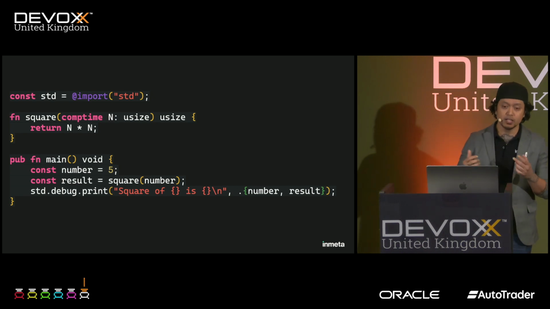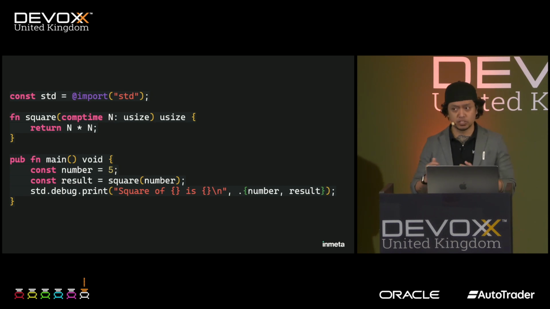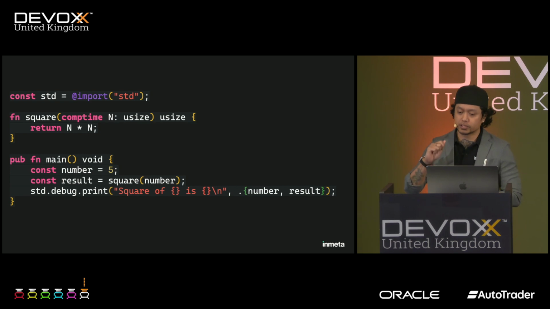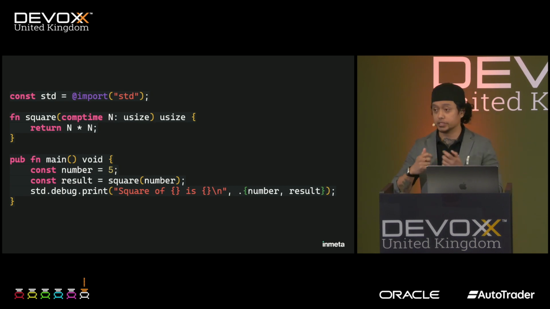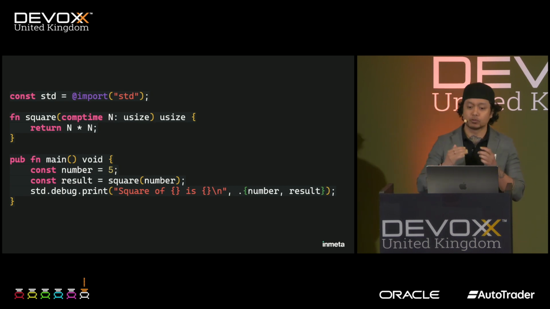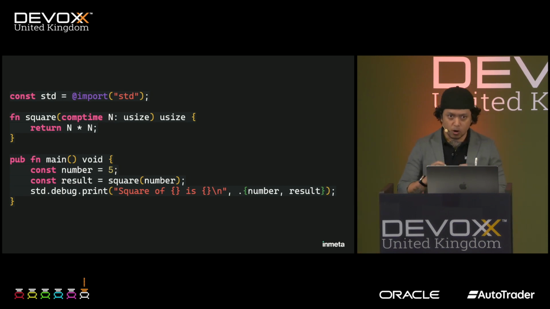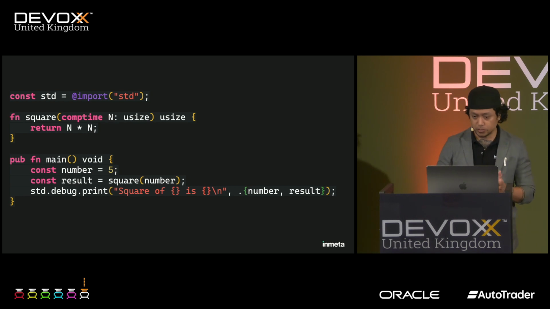With comptime, a feature in Zig, you can tell Zig to calculate the square of a number when the program is compiled, not when it's running. This means your program already knows the result of that function before it even starts. So comptime is like having a smart helper in Zig that lets you do things before your program runs, making your code faster and more efficient.